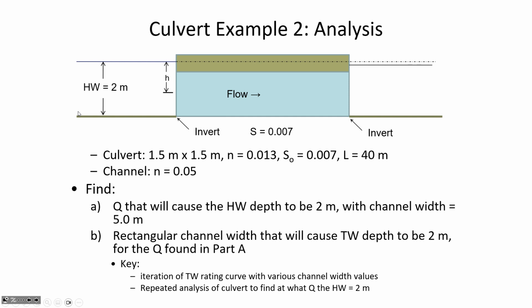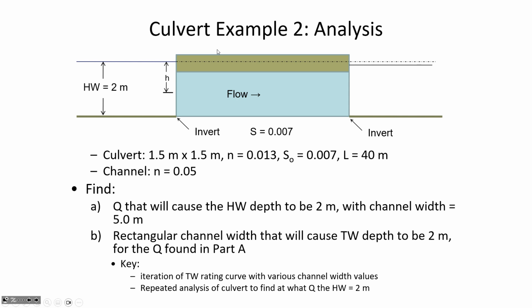So if we say that this is 100 meters, what we're looking for is, here's a 1.5 meter culvert opening, and so the water's going to be up here. The water's going to be an extra 0.5 meters above the crown of the culvert, but not yet overtopping. We don't know the elevation of the roadway surface. That's not specified.